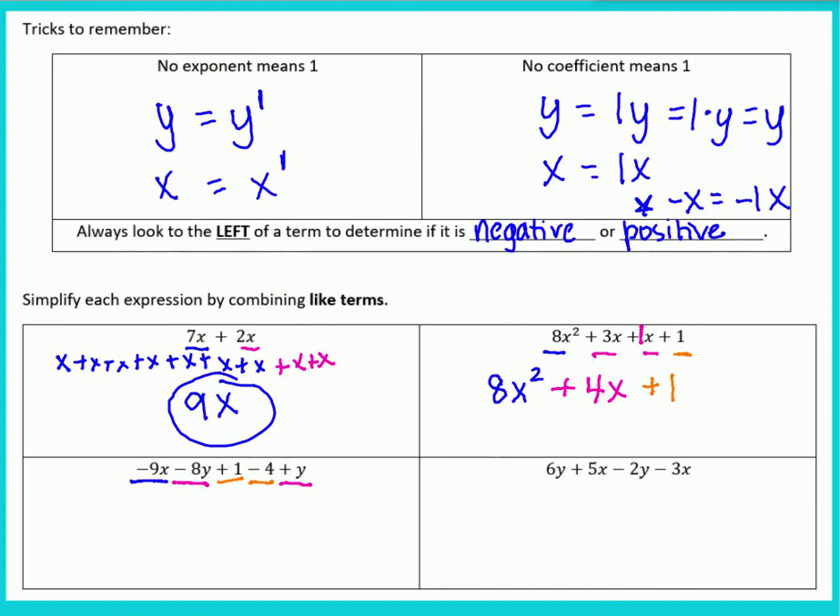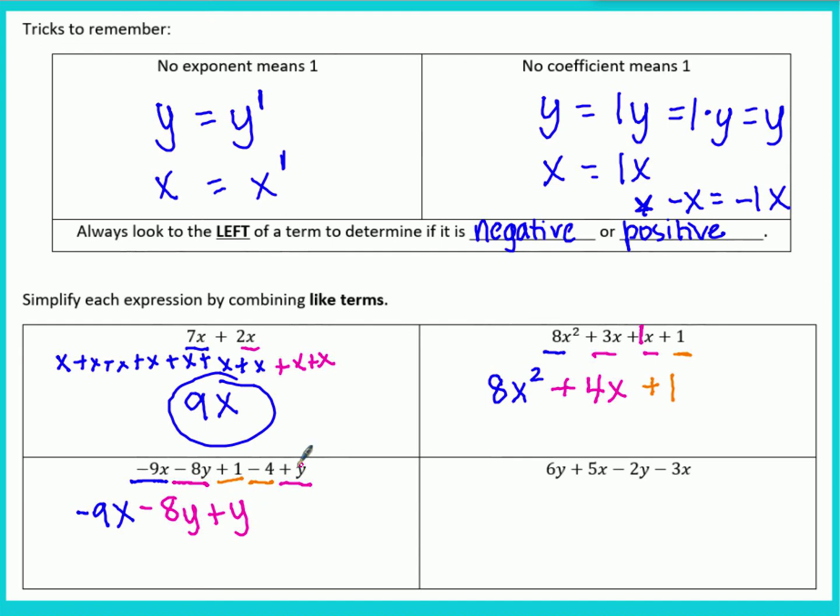I'm color coding all these just to help you see it a little bit better, but what you might want to do when you don't use colors is just rearrange the order in which you're seeing all of these to put all these terms next to each other that are similar. So negative 9x squared doesn't have any friends, or it's the only x squared there, so I'm going to put it down first. Then I'm going to bring down the negative 8y, and then my plus y is going to go right next to that.